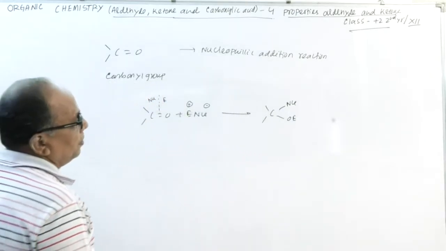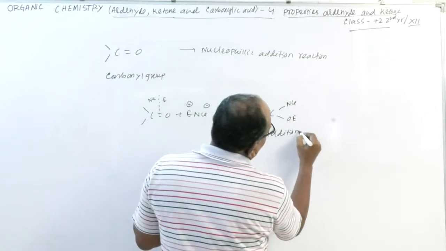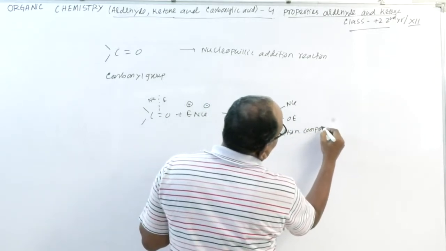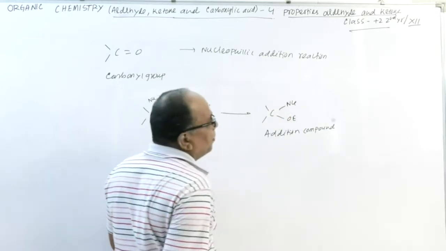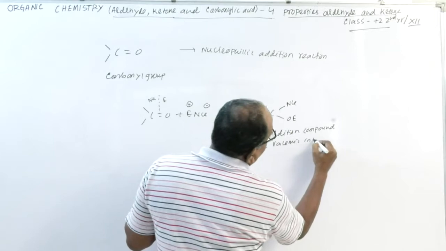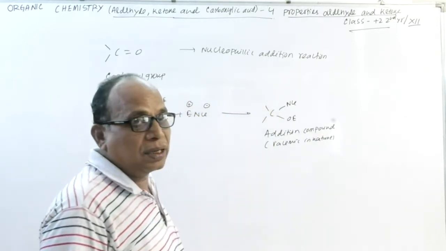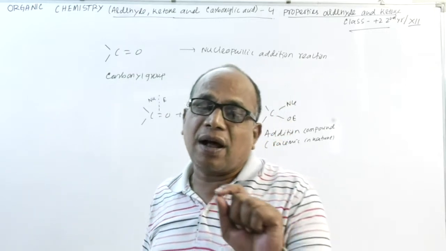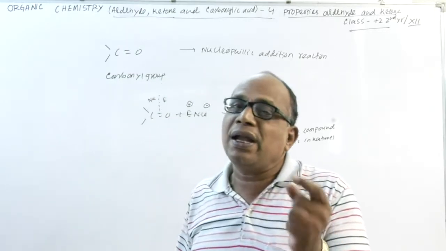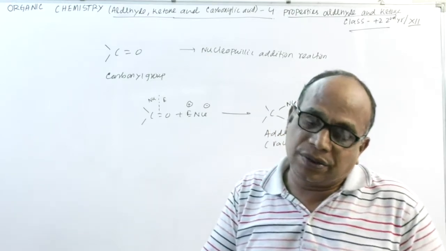And this is racemic in nature. As a result, the product contains a mixture of equal amounts of D form and L form. That's why it's a racemic product.